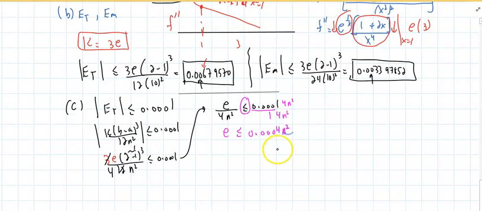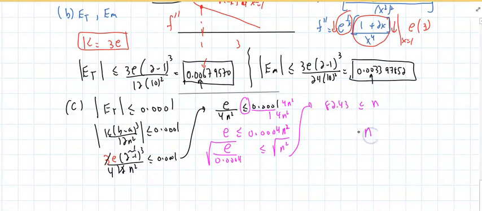and solve for n. Divide both sides by and square root both sides. Again, you're allowed to do that just because n is always positive, and n should be greater than or equal. If I plug this in my calculator, I'll get 82.43.